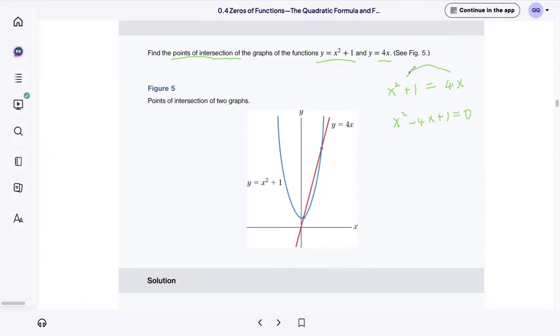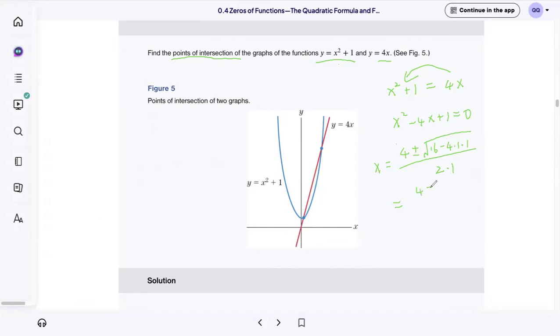Right? We move 4x to the other side, it becomes negative. Then we use the quadratic formula to solve this. So x equals negative negative 4, which is positive 4, plus or minus the square root of negative 4 squared, 16, minus 4 times a, which is 1, times c, which is 1, then divide by 2 times 1.